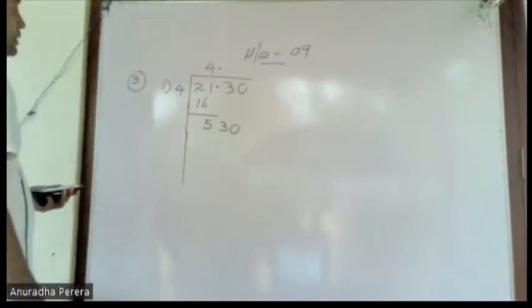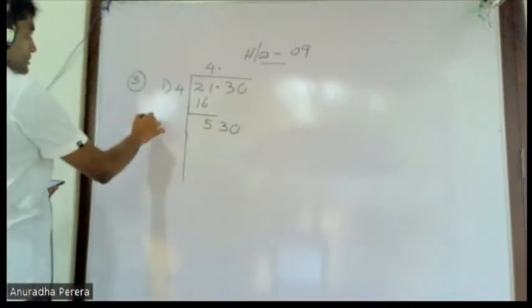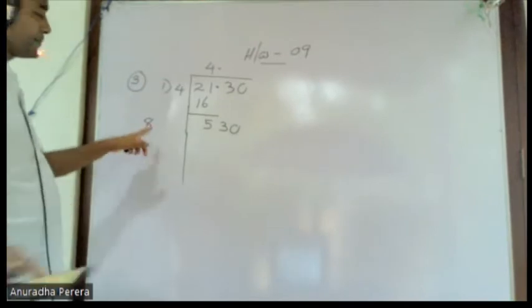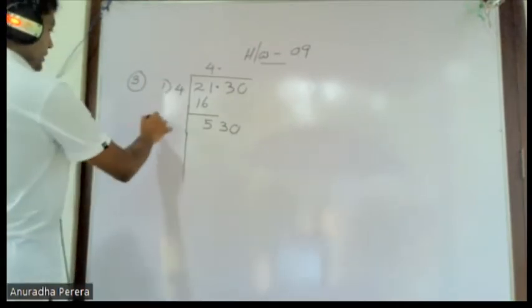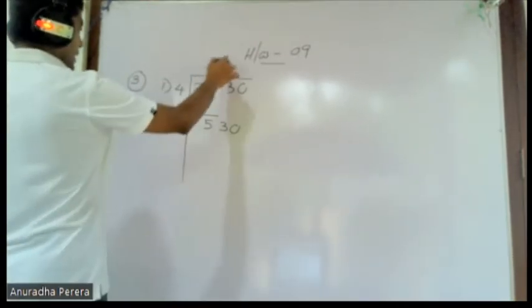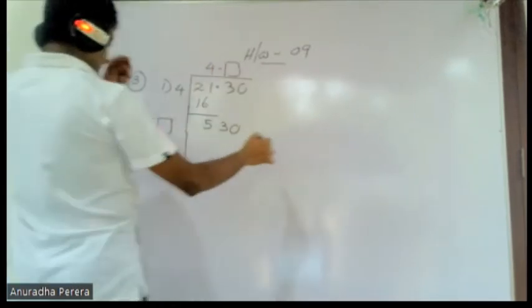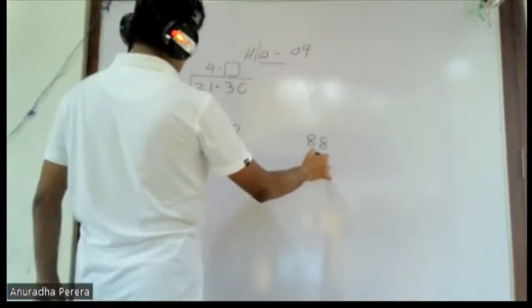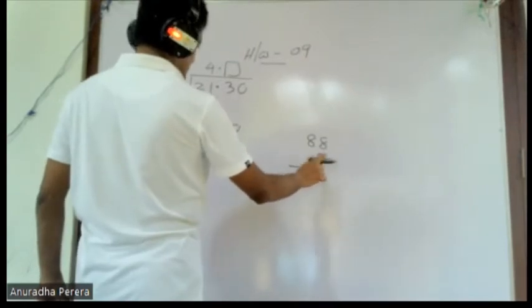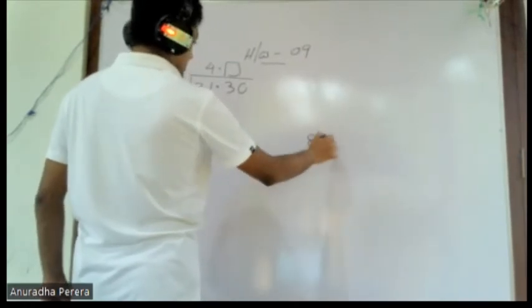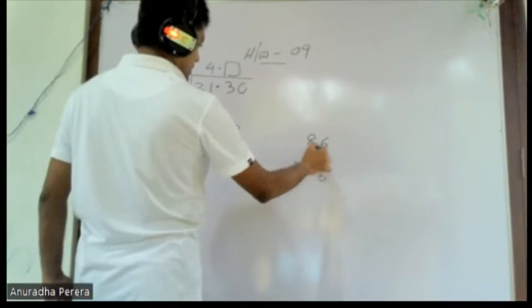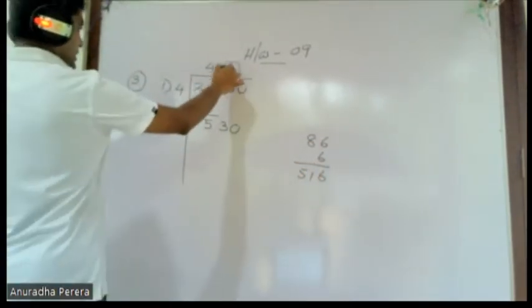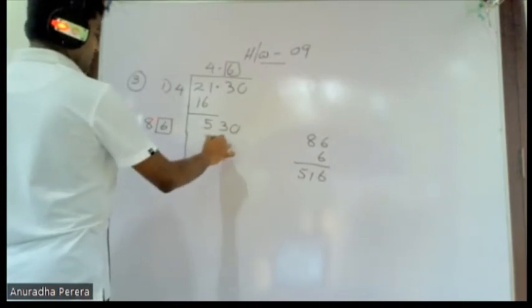First decimal place. Right. Twice of 4, 8. What is the value? Is it 8? 6. Yes, 6. 6 into 86, 516.